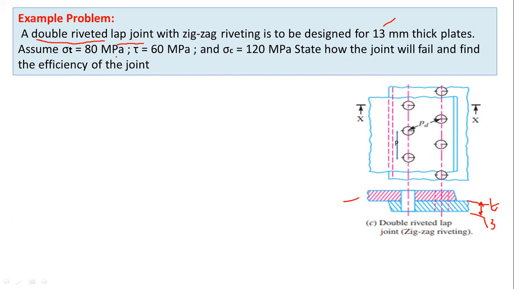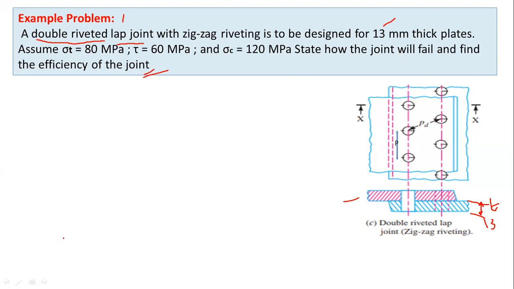Assume sigma T equal 80 megapascal, tau equal 60 megapascal, sigma C equal 120 megapascal. State how the joint will fail and find the efficiency of the joint. This is the question for example problem 1. By using these details, we have to determine the efficiency of the joint.